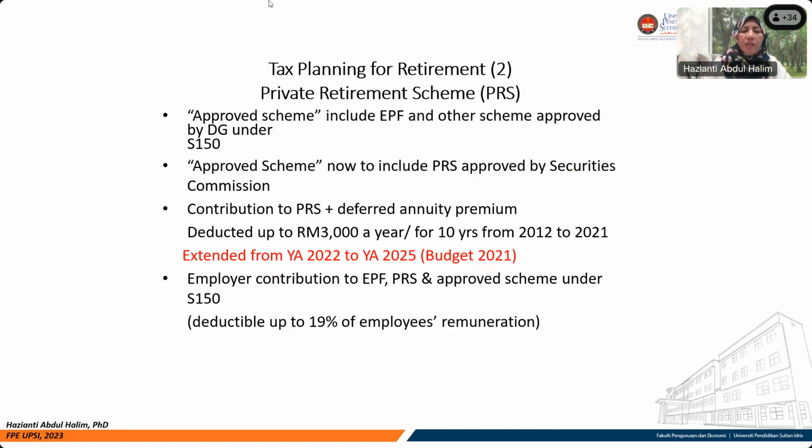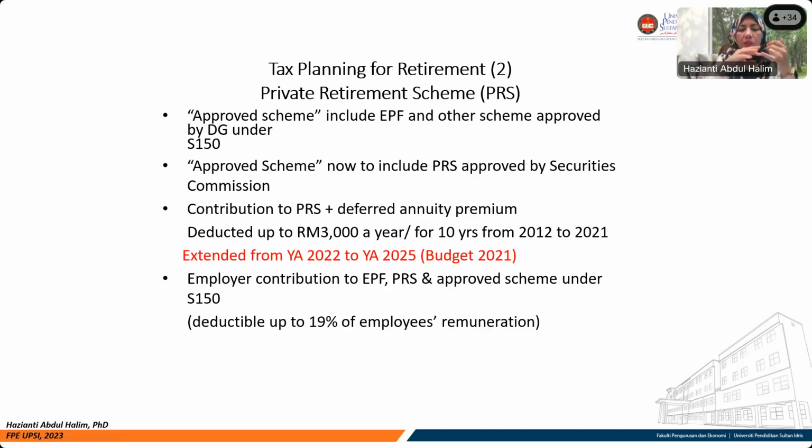And this contribution to PRS is actually deducted up to 3,000 sampai year 2021. So starting 2022, dia extend lagi sampai year assessment 2025. So kalau you tengok dalam slide ni yang saya merah ni, yang saya merah dekat sini mostly is the changes lah because of kita PKP.